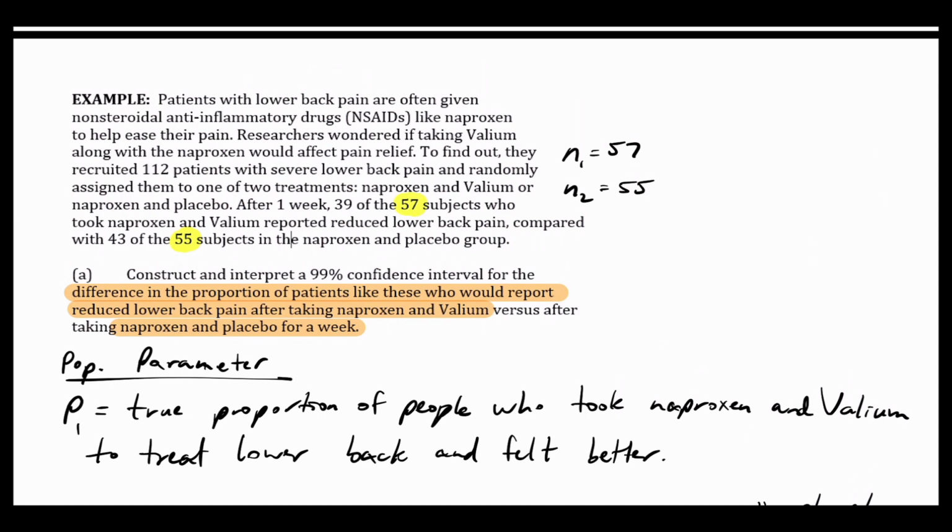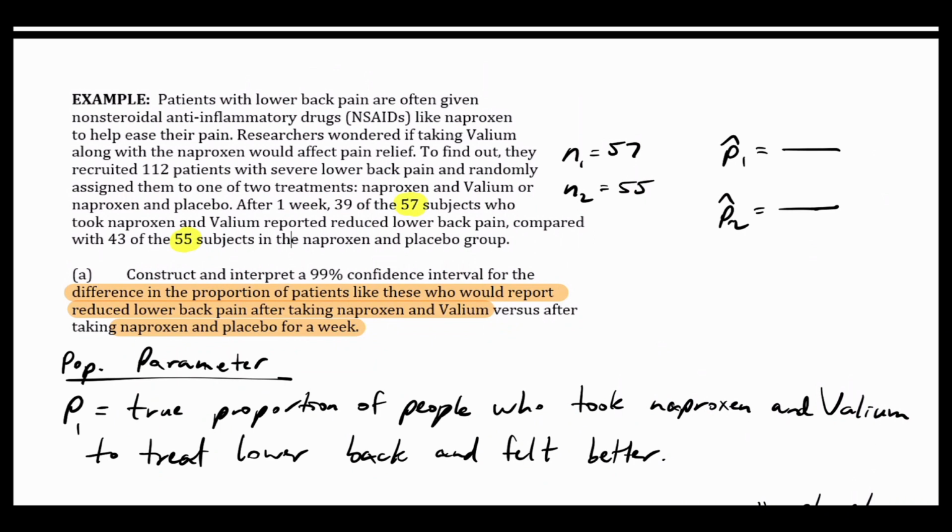So what do we use for p then? p hat. Okay, do we have a p hat? We do, right? We just didn't write them down. We should have done that at the very beginning. We have two p hats. I have p hat 1 and I have p hat 2. p hat 1 refers to the people who took naproxen and Valium. p hat 2 refers to the people who took naproxen and placebo.